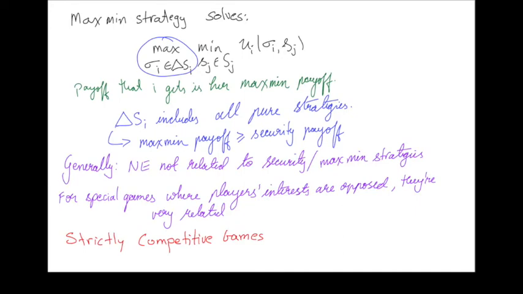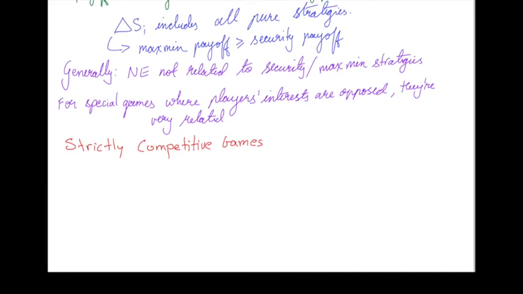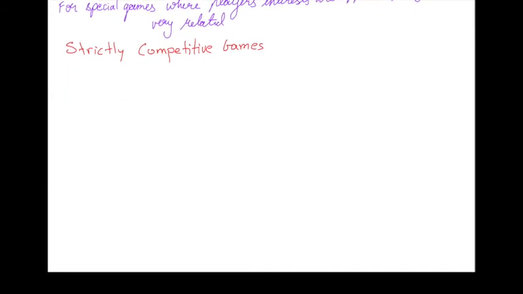These games are called strictly competitive games, and a game is strictly competitive if for every pair of profiles of strategies, S and S prime, whenever player 1 thinks that the outcome when the profile is S is better than the outcome when the profile is S prime.